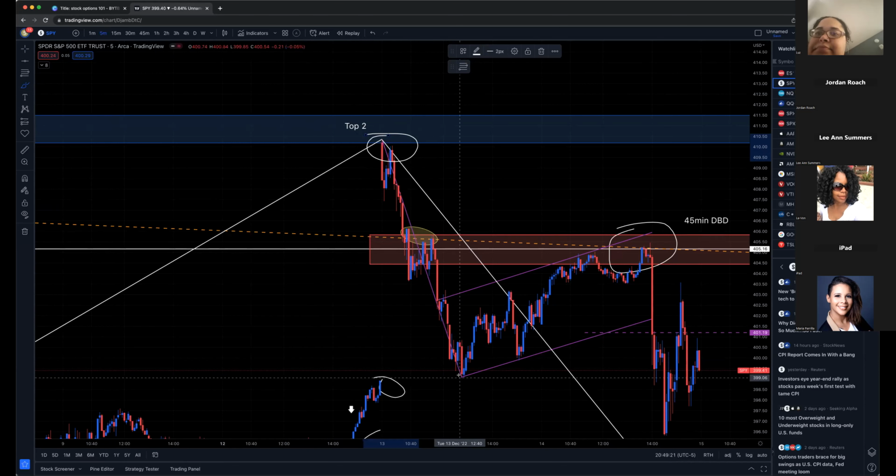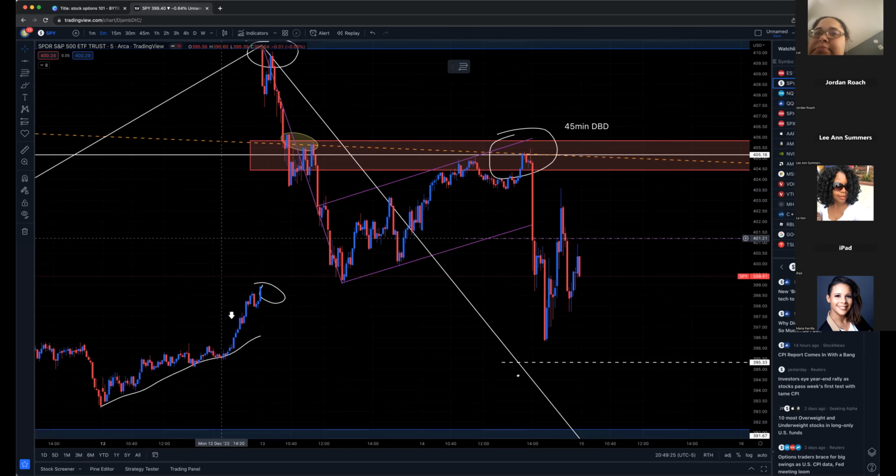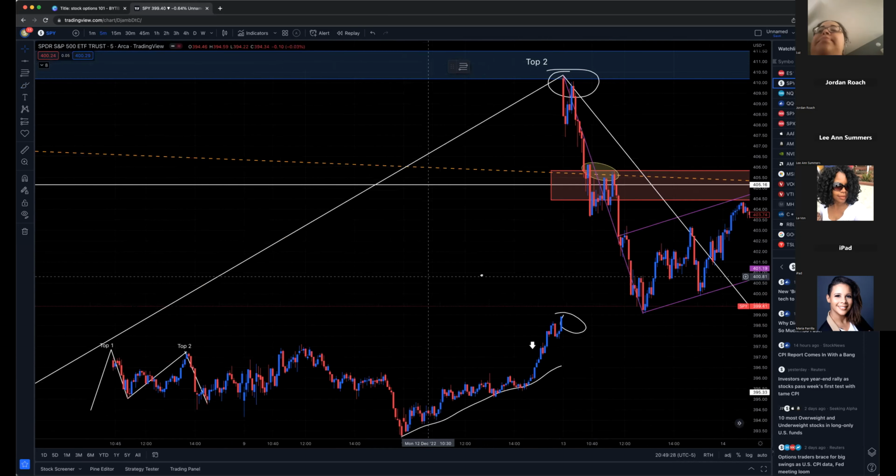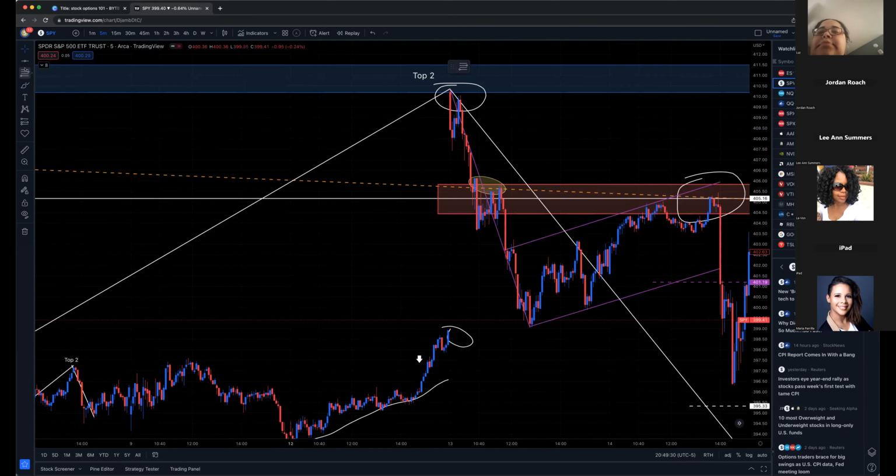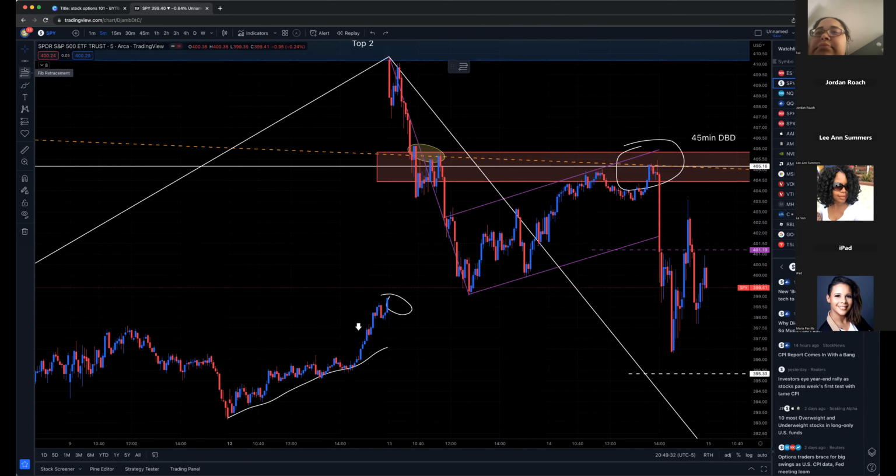The same thing happened the day before, but I won't get into that. Just know that gaps occur in the market because of the futures that each stock follows. Did everyone get that? Were you able to write that down? Put in the chat if not, and I'll type it in the chat.